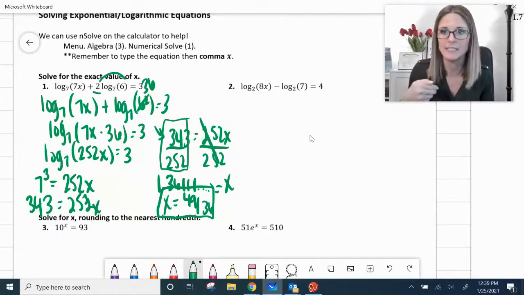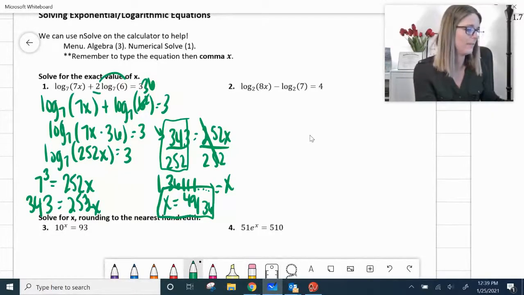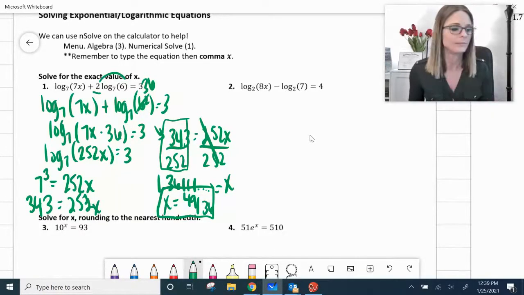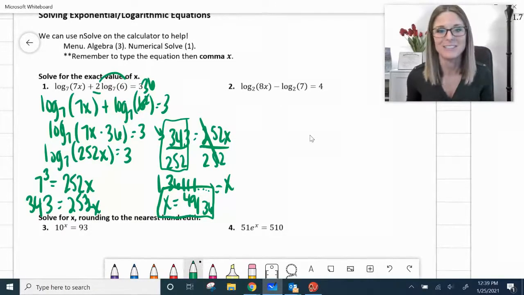Simple fraction, easy to reduce into fraction form, which is where I got that, just using a basic calculator. But if you use nsolve, it's always going to give you back that decimal form. It's a little tricky to get it to turn into a fraction. So again, Delta Math should accept your decimal form from using nsolve on your calculator.